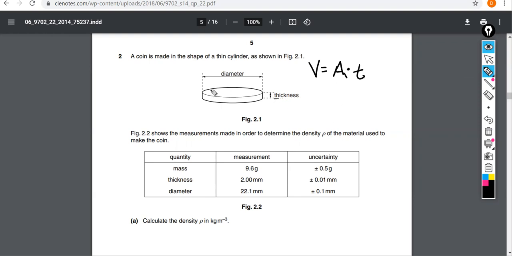So what's the 2D area of this shape? It's going to be a circle, right? So we've got the two-dimensional circle extended into the third dimension, T for thickness. So what's the area of a circle? Pi r squared.